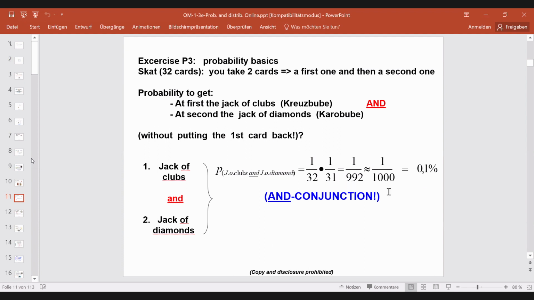In total, it is a probability of 0.1% to get at first the Jack of clubs and at the second time the Jack of diamonds. So it's a very low probability. But here it is an example for the AND conjunction, an application of the multiplication rule.